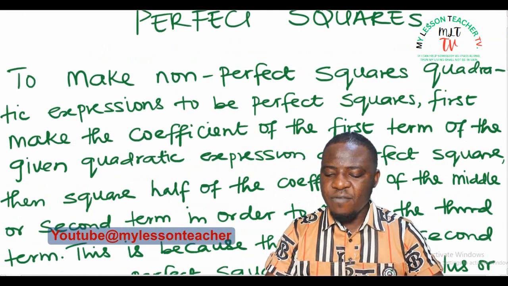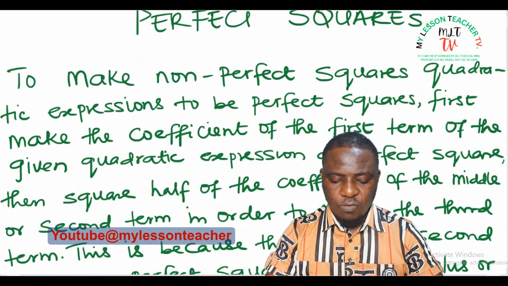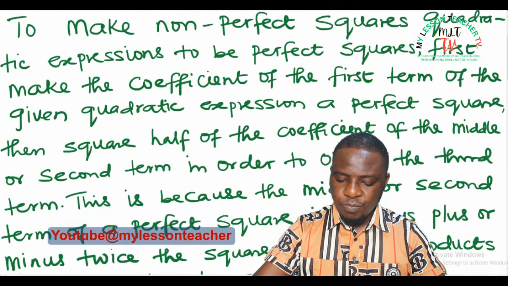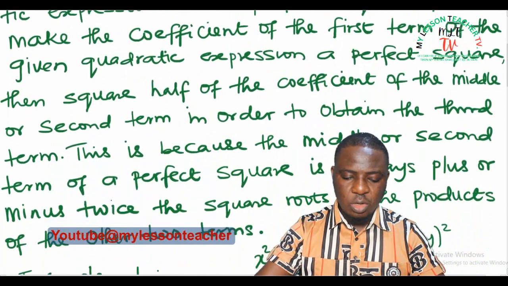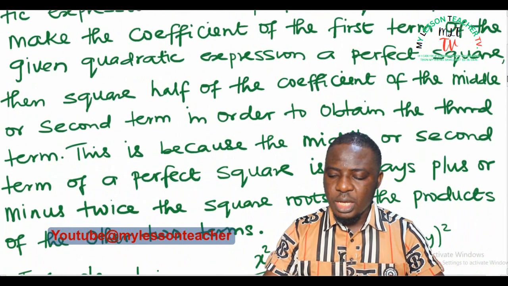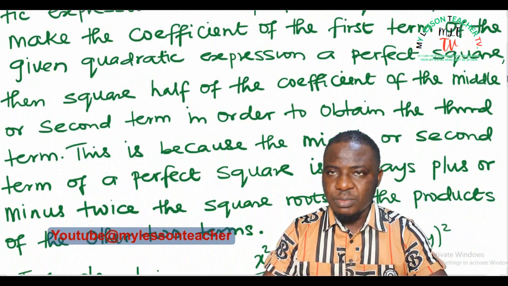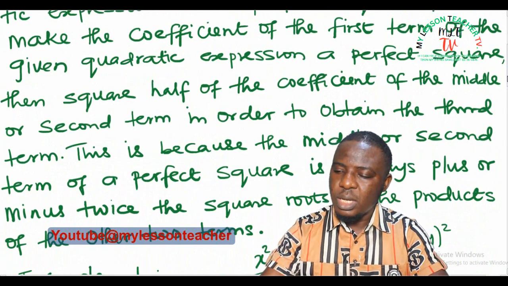Then square half of the coefficient of the second term in order to obtain the third term. And we said this is because the middle or second term of a perfect square is always plus or minus twice the square root of the product of the other two terms, that is the first and the third term.